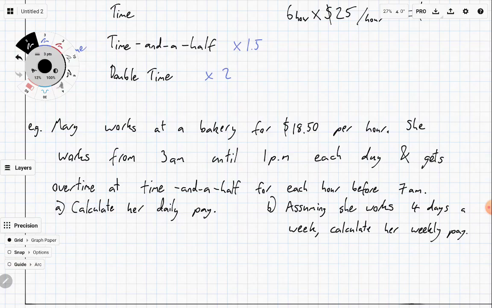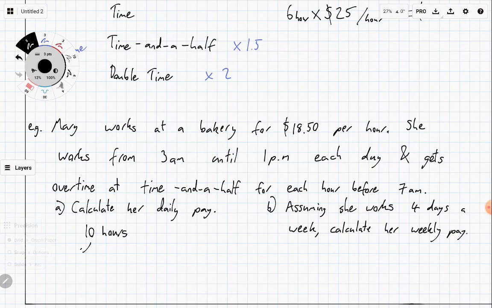And she's working from 3 a.m. till 1 p.m., which you can either count using your fingers or you can just work it out. But you can go 4 a.m.'s 1 hour, 5 a.m., 6, 7, 8, 9, 10, 11, 12, 1. So that's 10 hours in total. However, those 10 hours that she's getting paid are split into two groups.